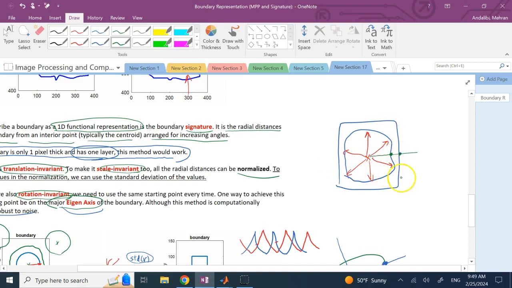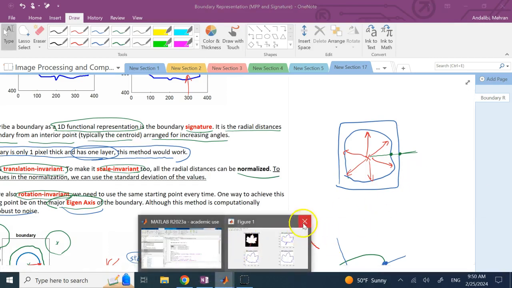So now you're going to get two curves, and that's not really what the signature is about. It's to get one single curve and not a function with several values for the same x, because that's not the definition of a function. For each theta, you should have only one r, not two r's or three r's. So you should have only one closed profile and not several inside each other.